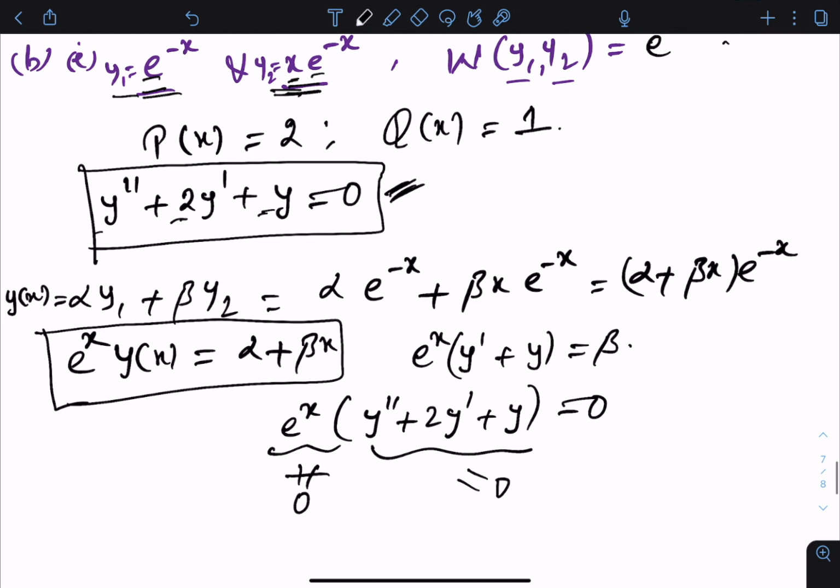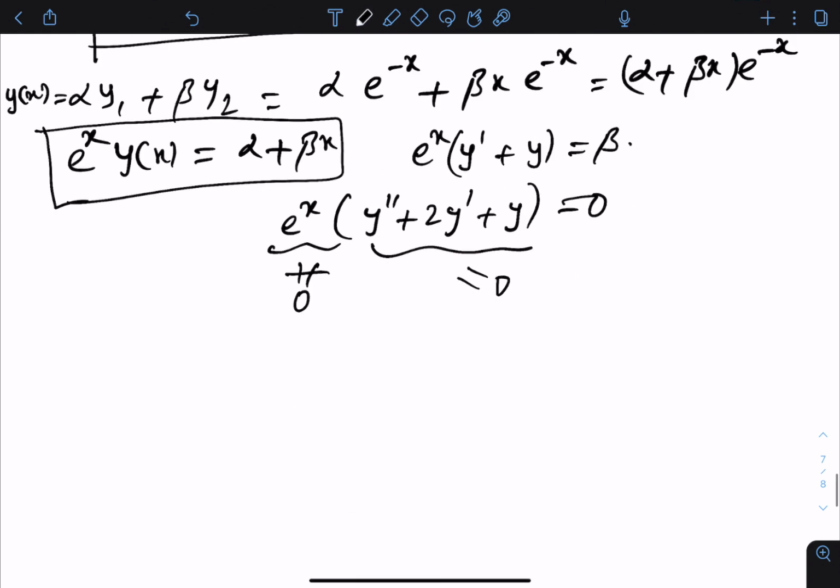So look at these two: what are the roots of the characteristic equation which will give you these solutions, right? So this you can actually see is a repeated root, only for a repeated root you get this multiplied by a polynomial, right?